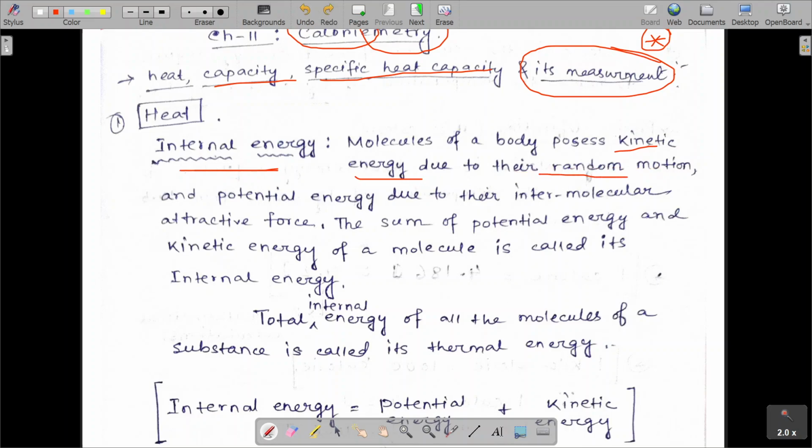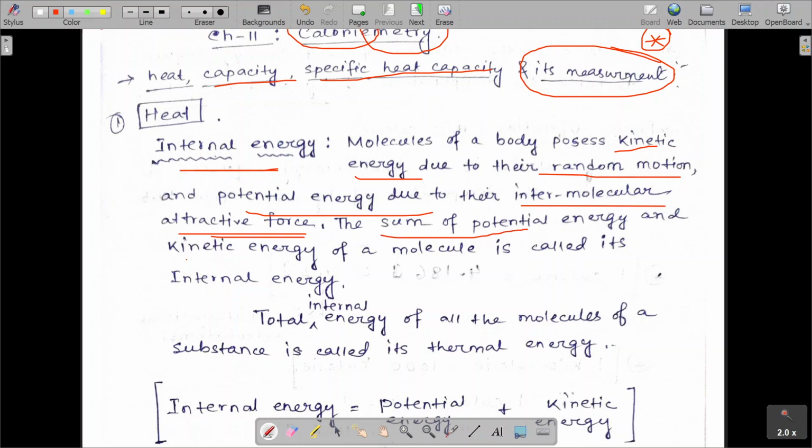And they also possess potential energy because of intermolecular attractive forces. So they possess both kinetic energy and potential energy. The kinetic energy is because of the random motion of the molecules, and the potential energy is due to the intermolecular force of attraction.